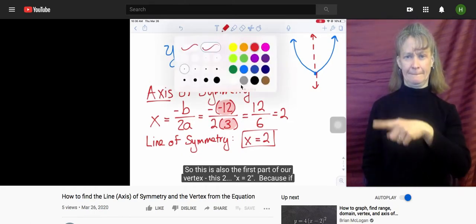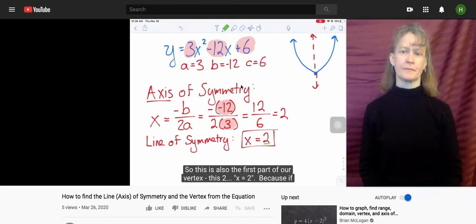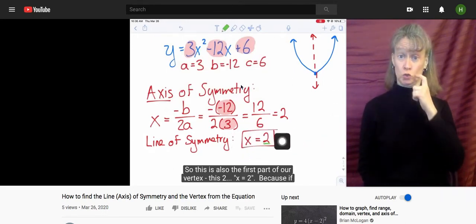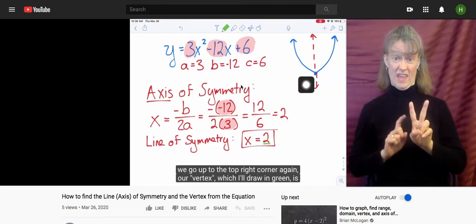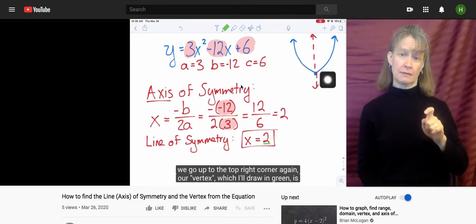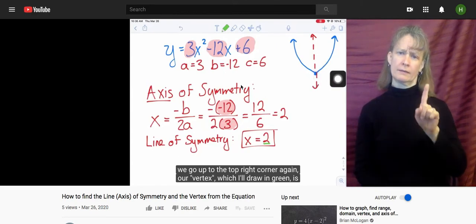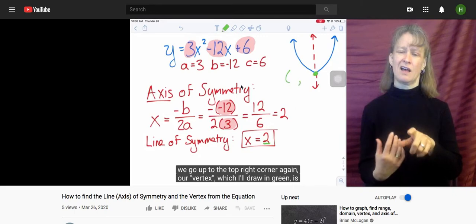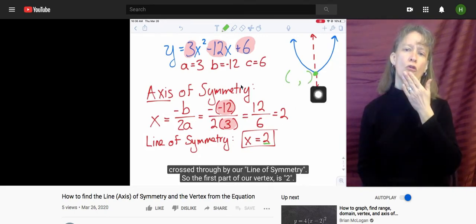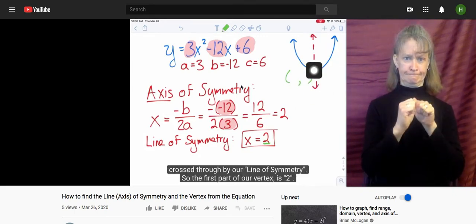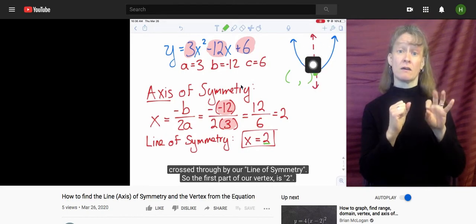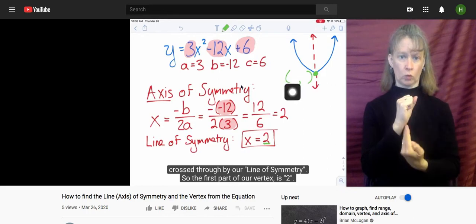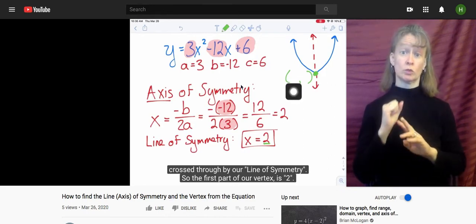So this is also the first part of our vertex, this 2, x equals 2. Because if we go up to the top right corner again, our vertex, which I'll draw in green, is crossed through by our line of symmetry. So the first part of our vertex is 2.